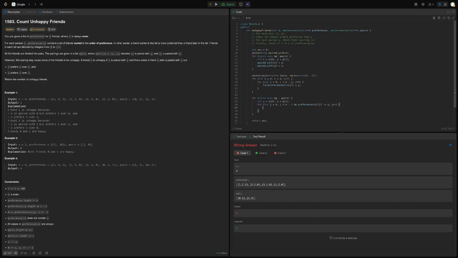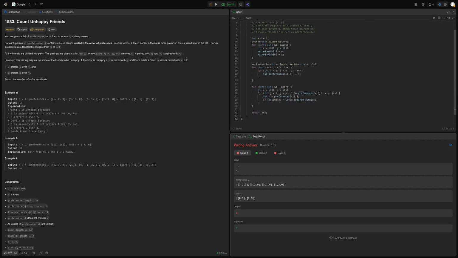So I prefer U more, that's preferences[x][j], and then if location[u][x] is smaller than location[u][paired with u], well, that means he's unhappy.